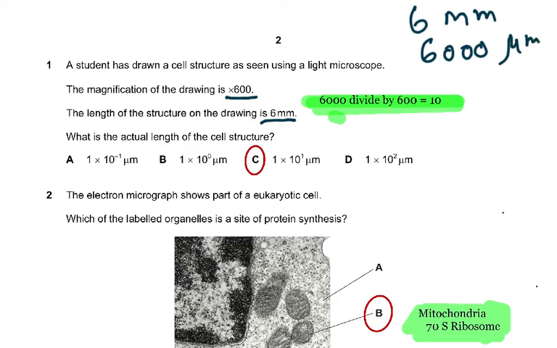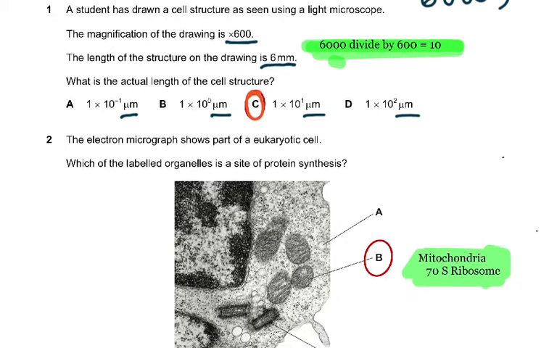You know all the answers were in micrometers, so you needed to figure this out. Which one is it? So 6,000 micrometer divided by 600 is equal to 10. And that, of course, makes the answer C, which was the correct answer, and this is how we were going to figure this out. Then let's come on to question 2.